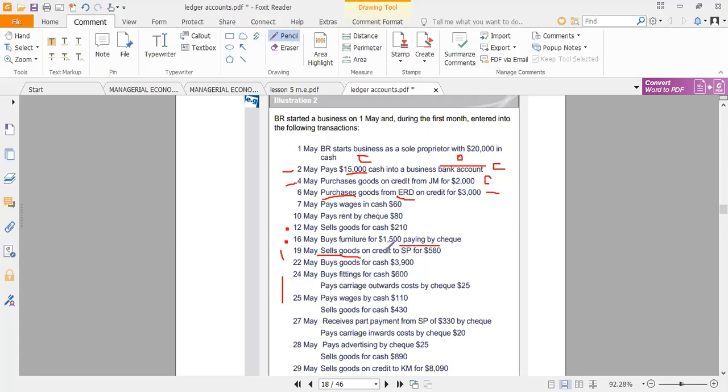So we have two accounts, the SP account and the sales account. Sales always has a credit balance. SP is our debtor, so we're going to debit SP. Sales, we're going to credit 580. SP, we're going to debit 580.